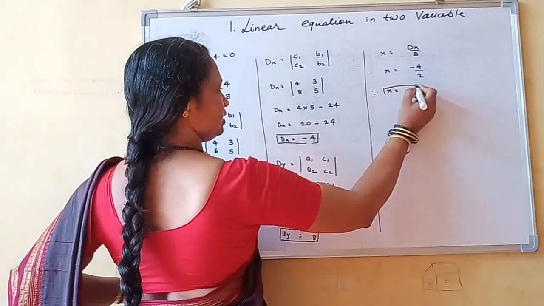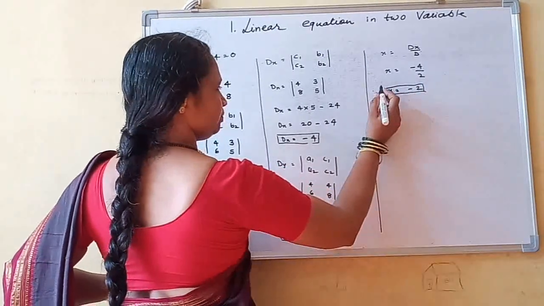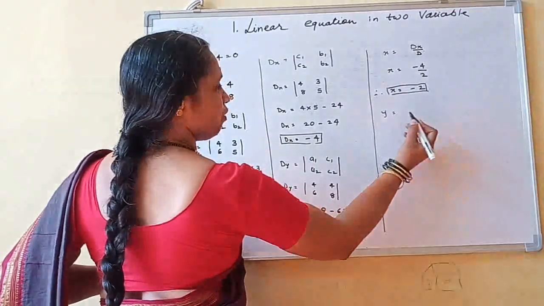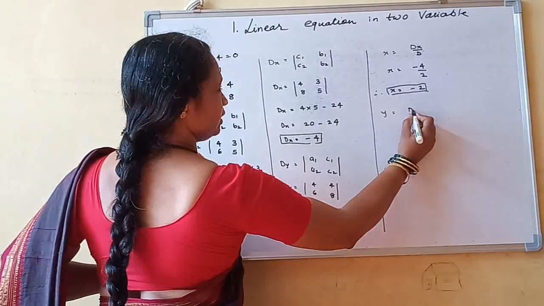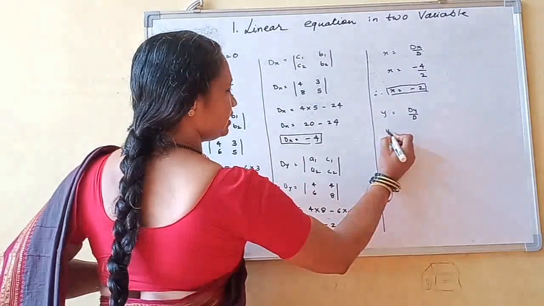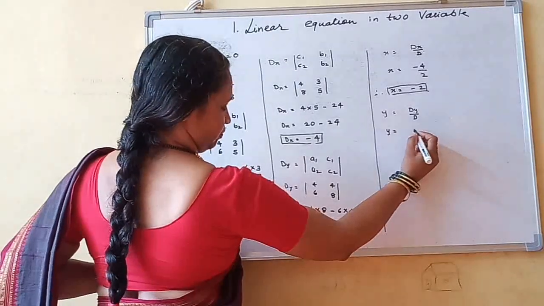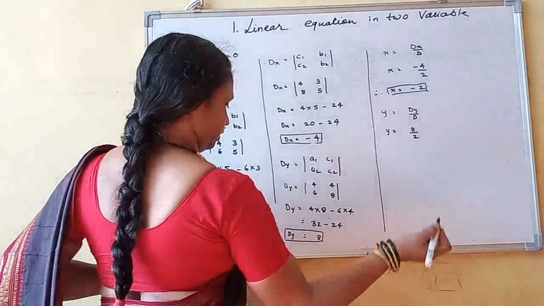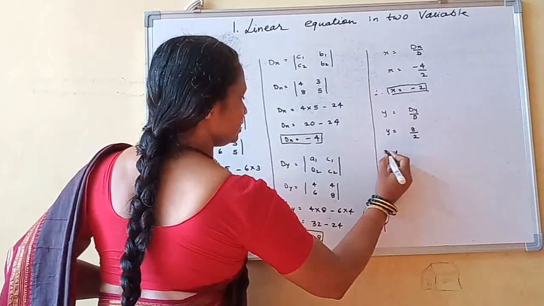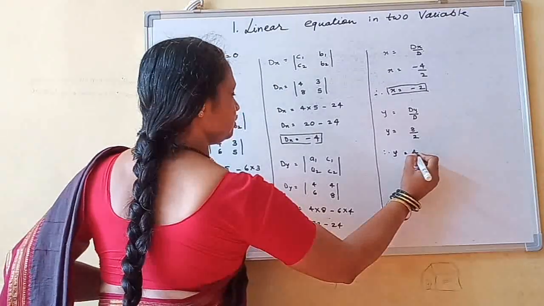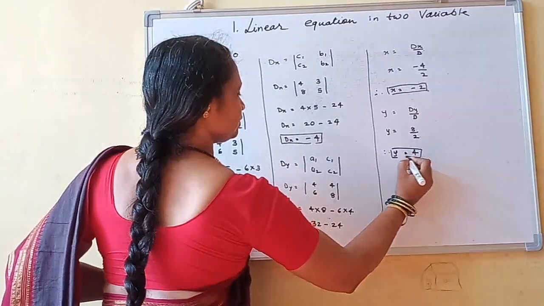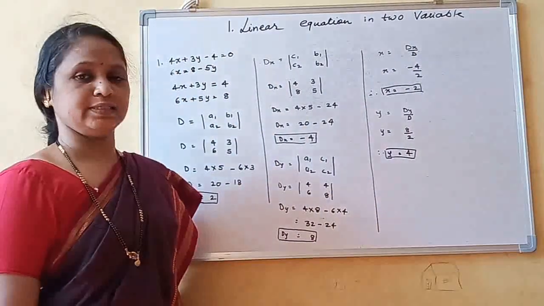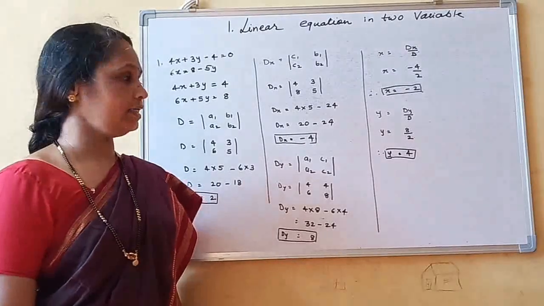Now we have to find the value of y. y is equal to Dy by D. Dy is 8 upon 2, so y is equal to 4. So here we got the value of x as minus 2 and y as 4.